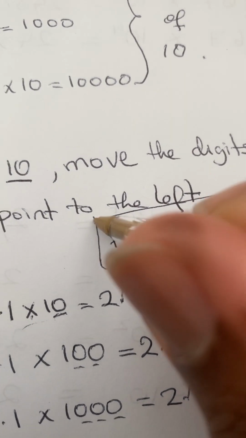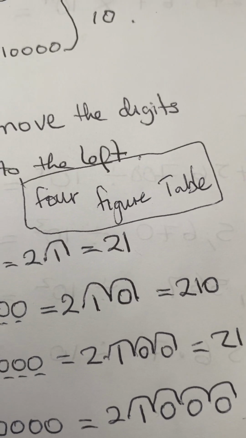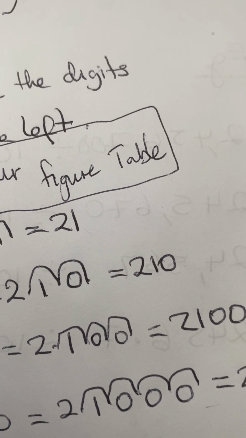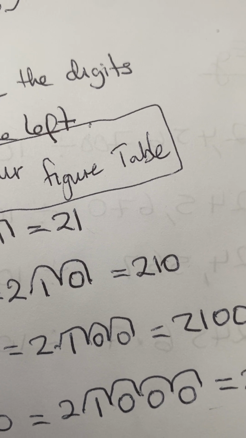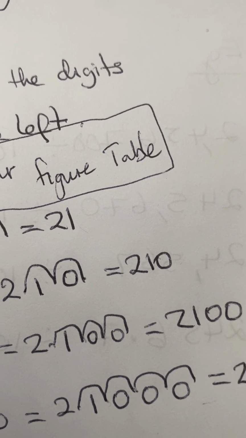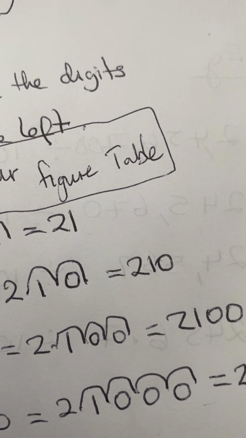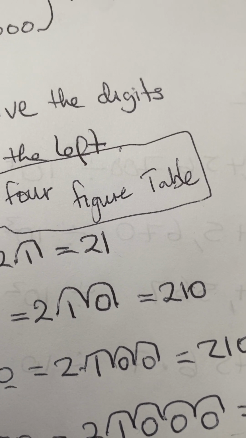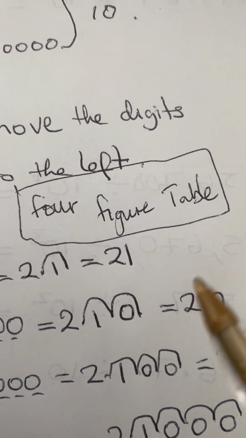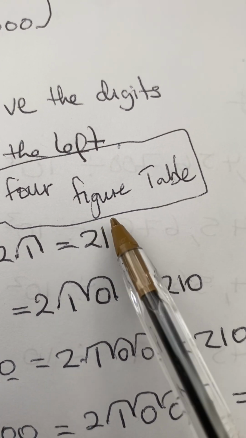Okay, you can go and Google it. I think it's still on the market, you can buy it, but you don't really need it because you can use a calculator now. We were not allowed to use the calculator in our exams. So you can Google four-figure table.